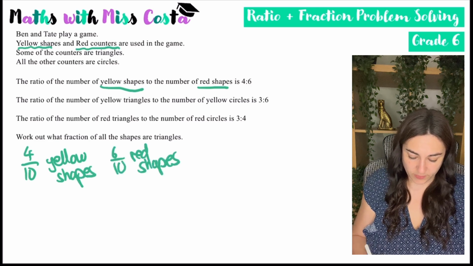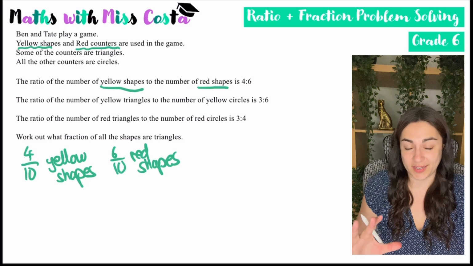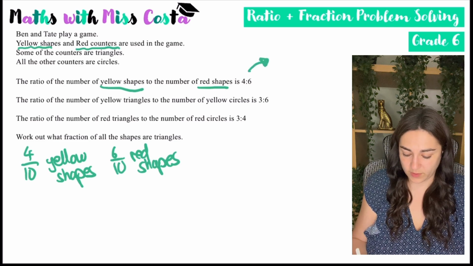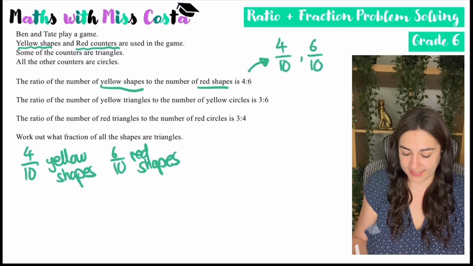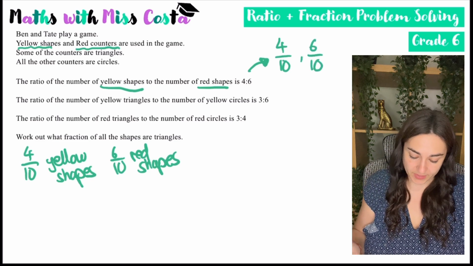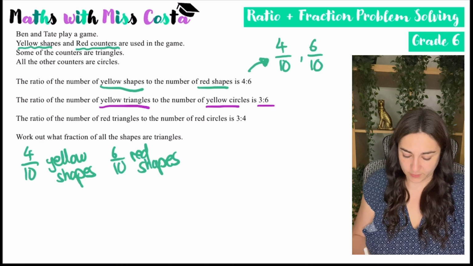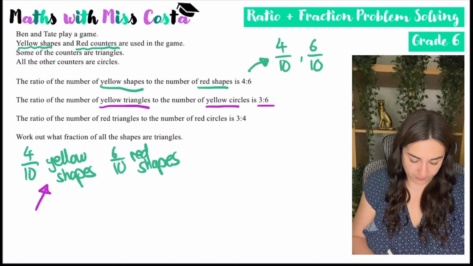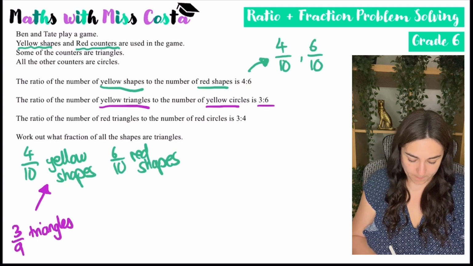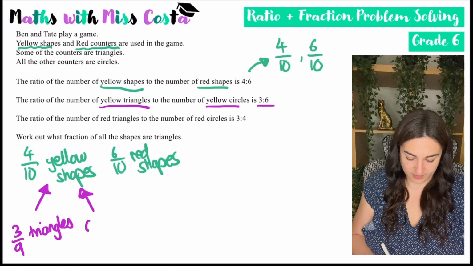So remember, to turn a ratio into a fraction, say what all the parts are out of. They're out of 10, so that would be 4/10 and 6/10, and they all add to make a whole. The ratio of the number of yellow triangles to the number of yellow circles is 3 to 6. So out of the yellow shapes, 3/9 are triangles and 6/9 are circles.